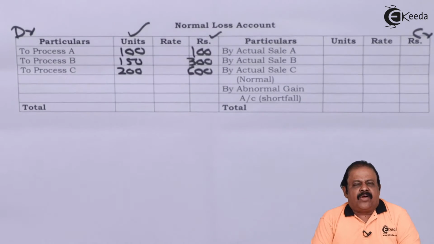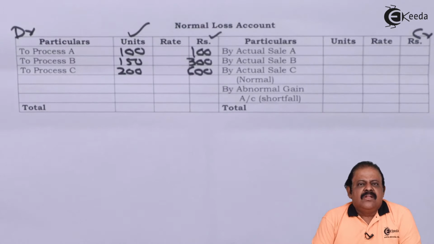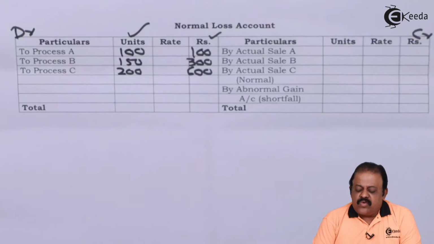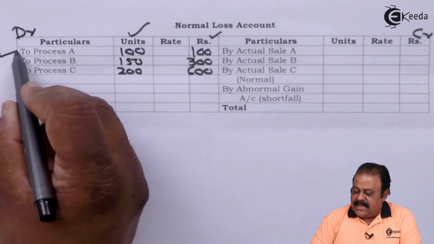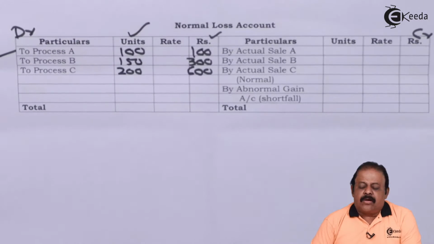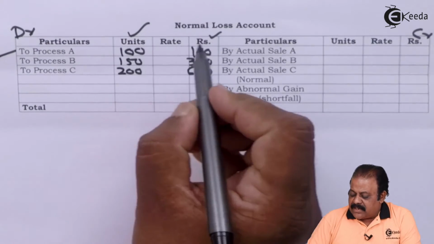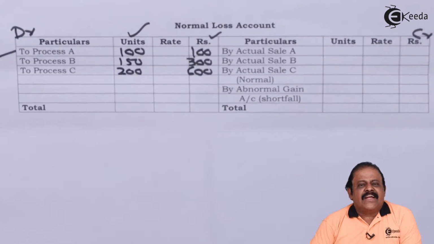Now in a particular process, suppose we got normal loss fully, meaning in that process there is no abnormal gain. So all the units of normal loss will arise and all those units will be sold. In that case, for example in process A, we were expecting normal loss of 100 units and 100 rupees, and that has actually been sold.